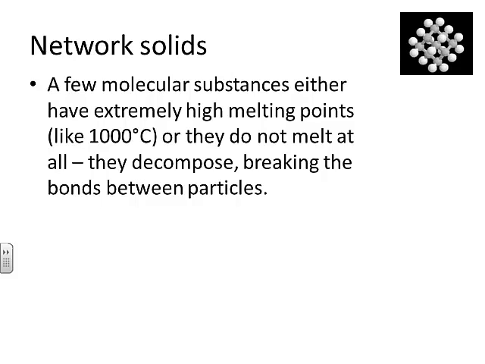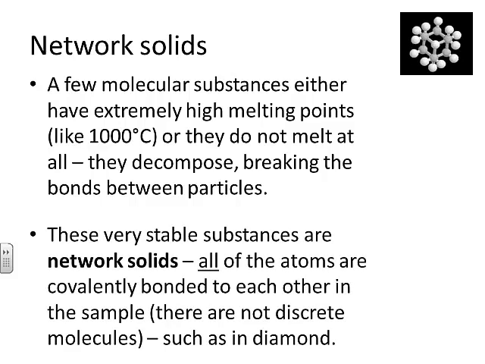There are a few molecular substances that either have extremely high melting points or they may not even melt at all. When they get really hot, before they melt, it becomes hot enough to break the bonds between particles, so they would decompose instead of melting. Now these are known as network solids.